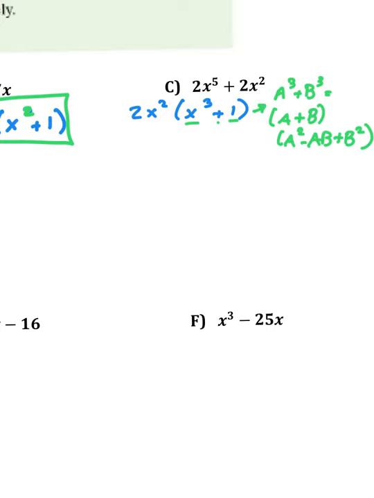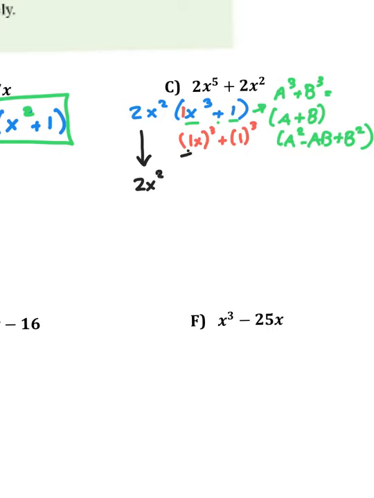Alrighty, so let's see, in this one, I know that 1 in front, so 1x or x is my a. And my b is also 1 because 1 cubed is 1. So let's go right to the answer. Bring down your GCF, 2x squared.